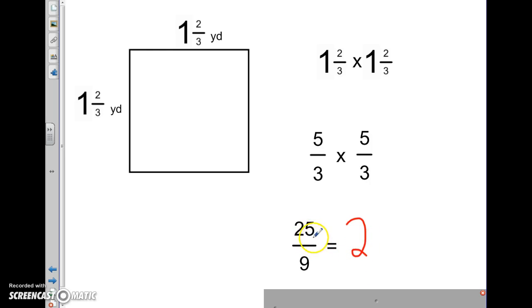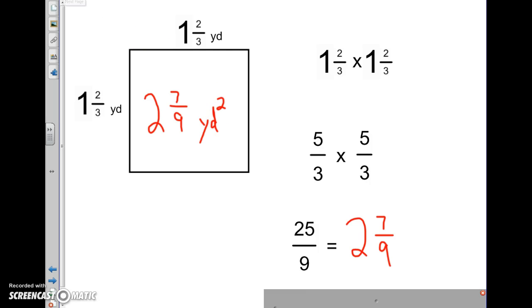Then the difference between 25 and 18 would be 7. So it'd be the same as 2 7/9. So the area would be 2 7/9 yards squared, because those are the dimensions squared, because we're talking about area.